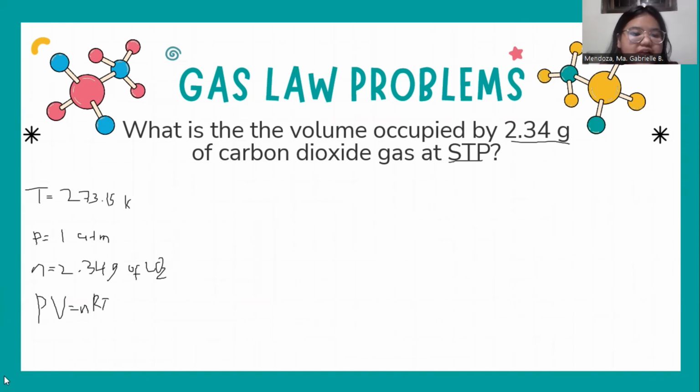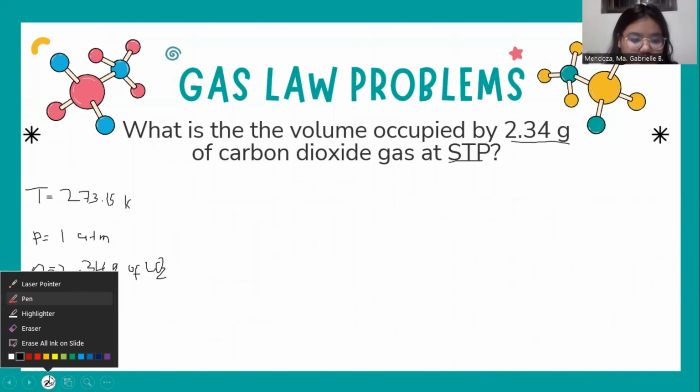So, recap: P stands for pressure, V stands for volume, n stands for number of moles, R means gas constant, and T is temperature. The first step we need to do is convert 2.34 grams of CO2 into moles. Why? Because what we need is the number of moles.